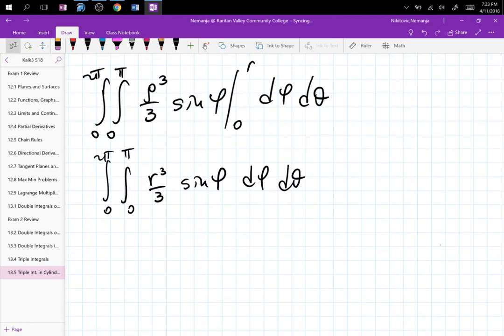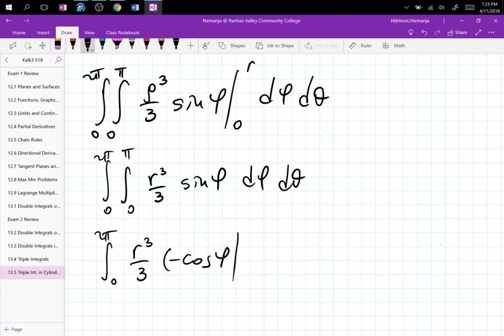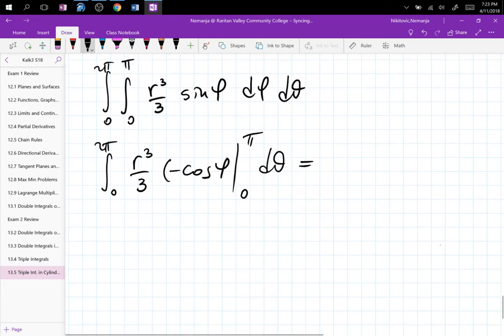The next step is to integrate phi. Well, r cubed over 3 is a constant, so you can just copy that one, r cubed over 3. And the integral of sine phi is negative cosine phi from 0 to pi. Very good. So that's 0 to 2 pi, r cubed over 3.